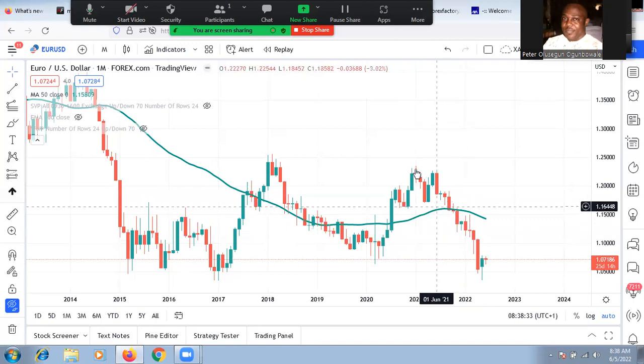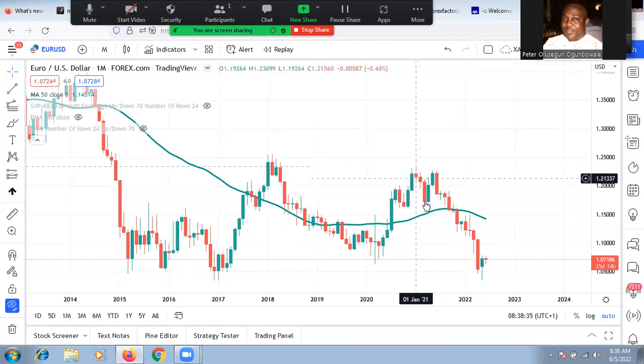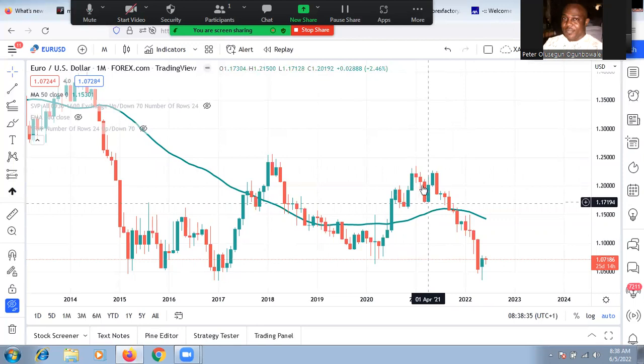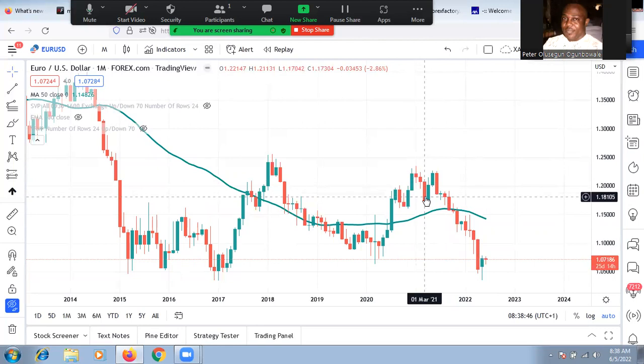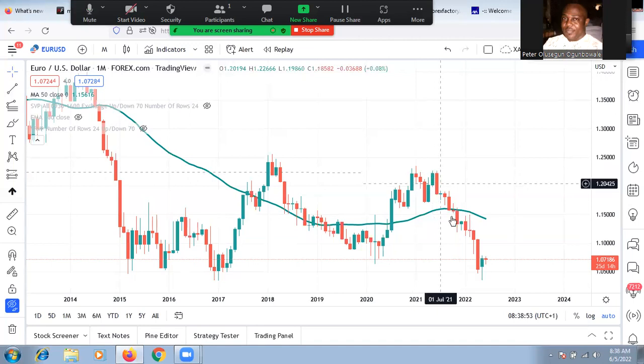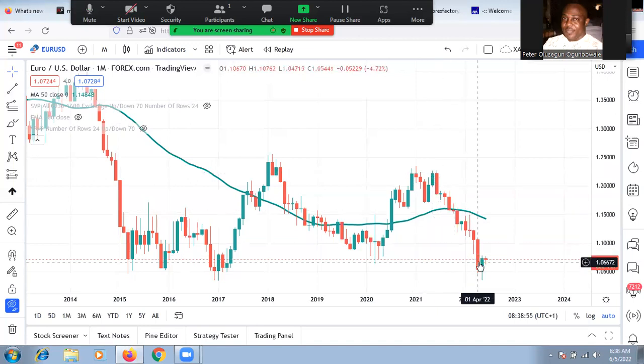Now, we said that this is wave 1, which is a structure within the bigger structure, the entire structure that we are seeing. So this is wave 1, which is a structure in itself. And this is wave 2, which is a structure in itself. And this is wave 3, the third structure in itself.